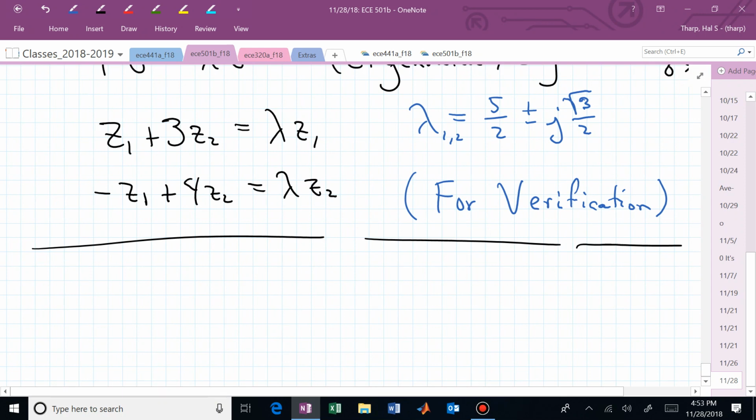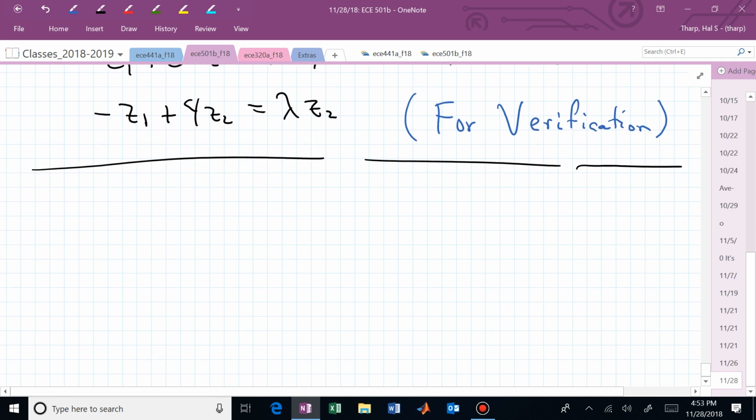Let's move on to pseudo-inverses, because we have a lot of tools now to work with. Let's look now at the Moore-Penrose pseudo-inverse.